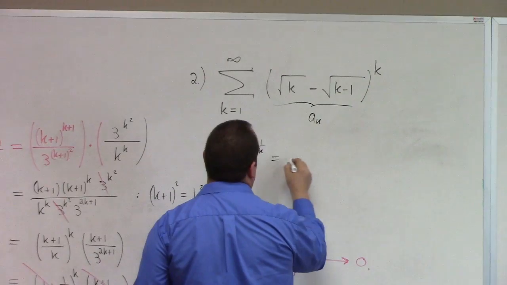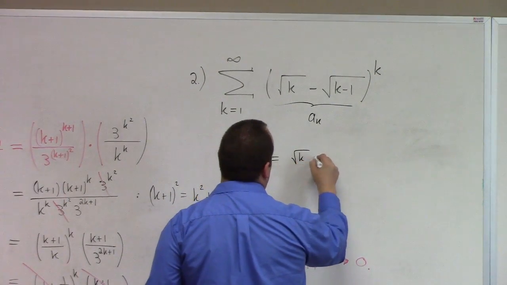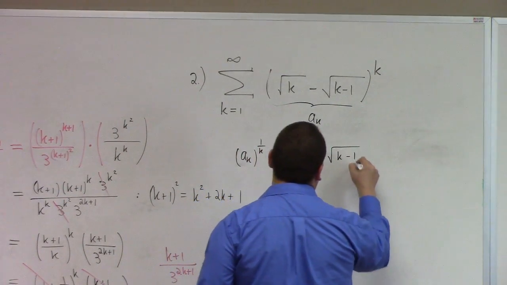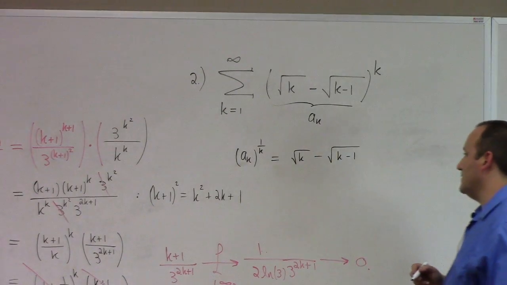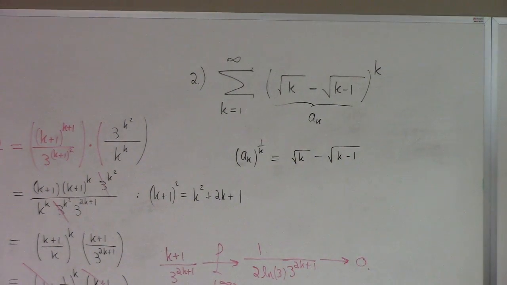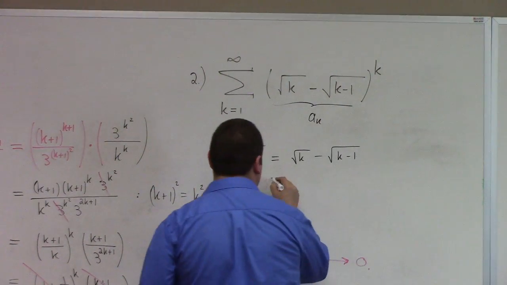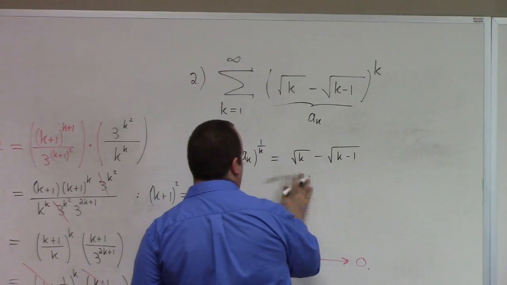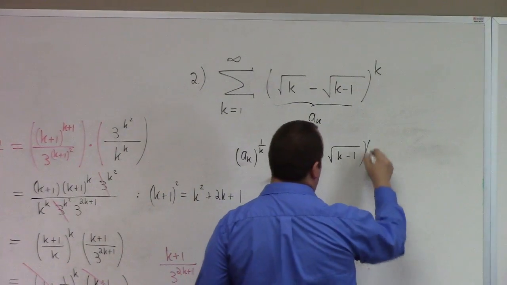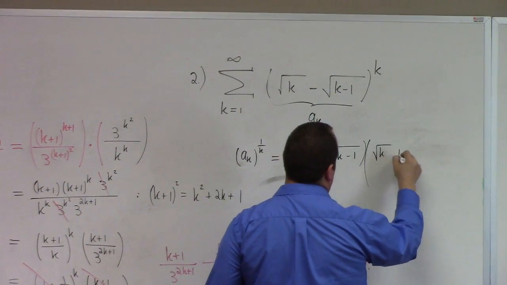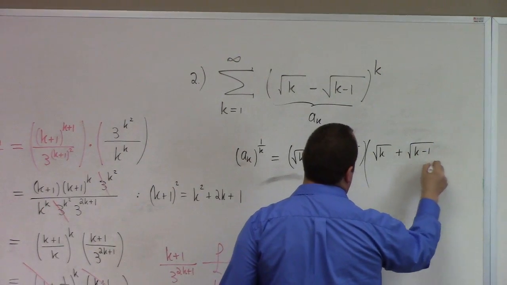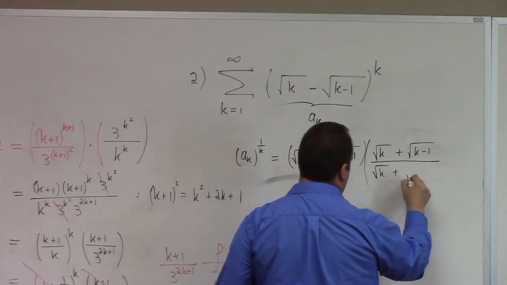Anyway, that is, of course, root k minus root k minus 1. Infinity minus infinity equals what? You do some more algebra. What I would do is multiply by root k plus root k minus 1 over root k plus root k minus 1.